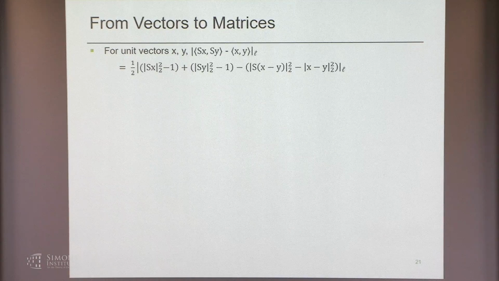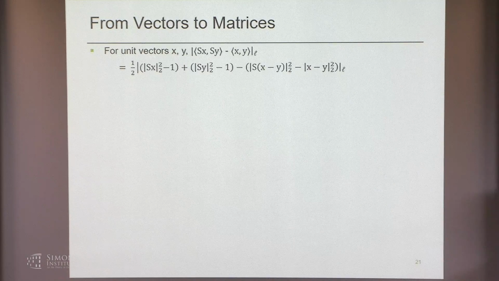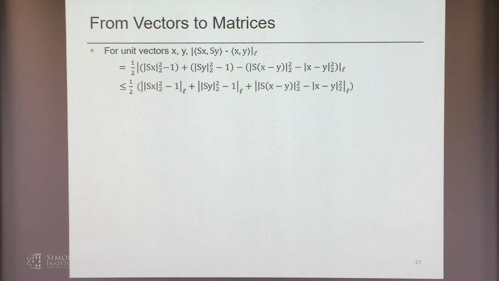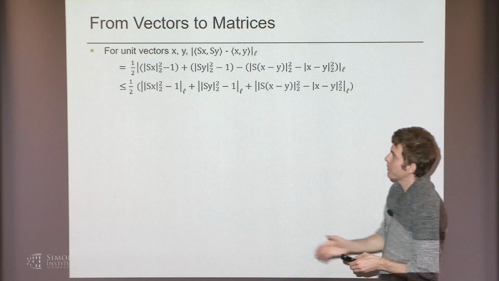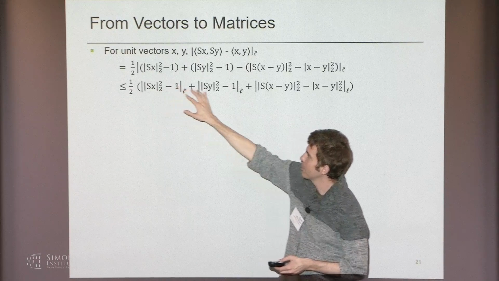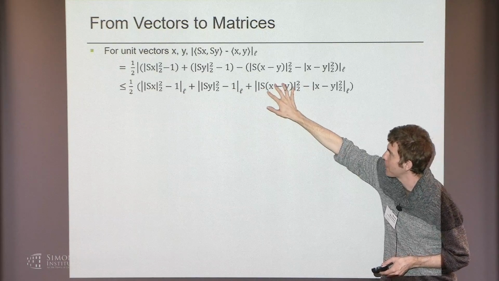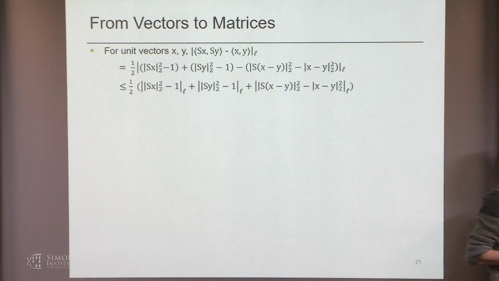Now I'm looking at the L norm of this quantity. What do we know about the L norm? Well, we know it's a norm, so in particular I can apply the triangle inequality. So this is at most 1/2 times the L norm of Sx squared minus 1, plus the L norm of Sy squared minus 1, plus the L norm of Sx minus y squared minus x minus y squared.